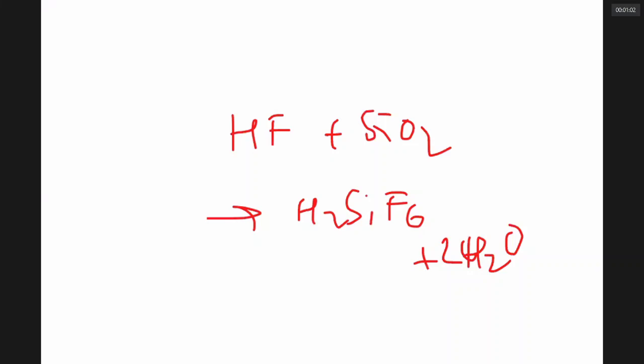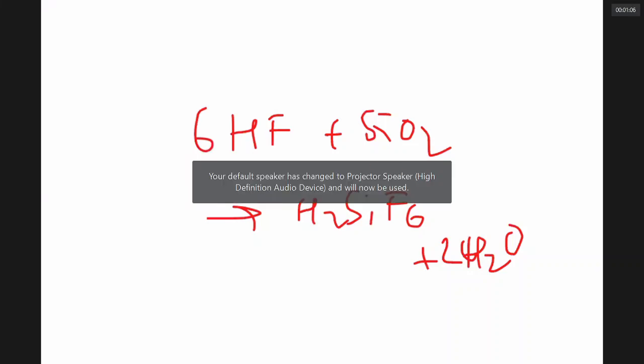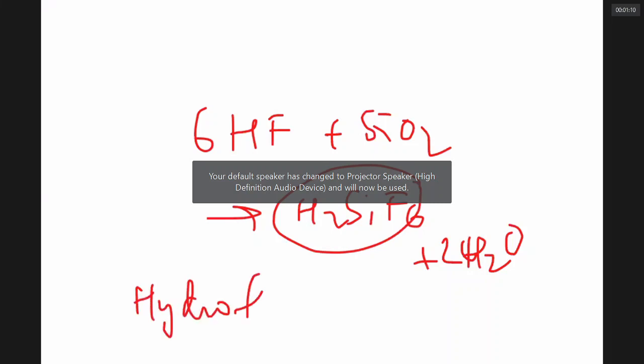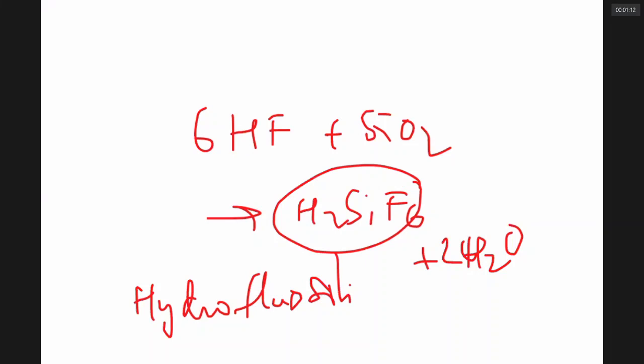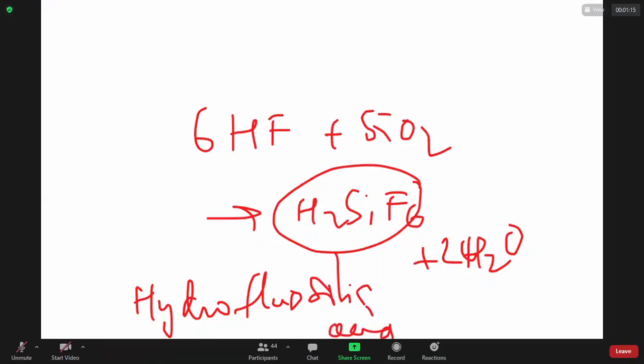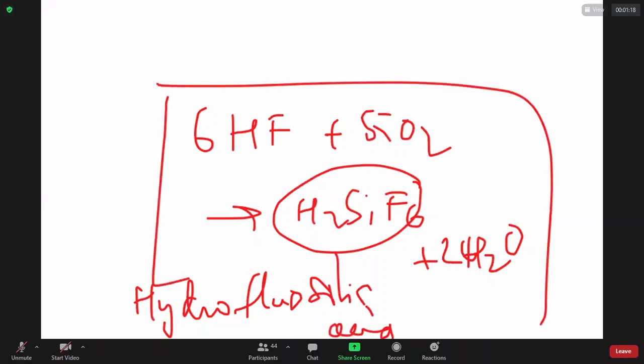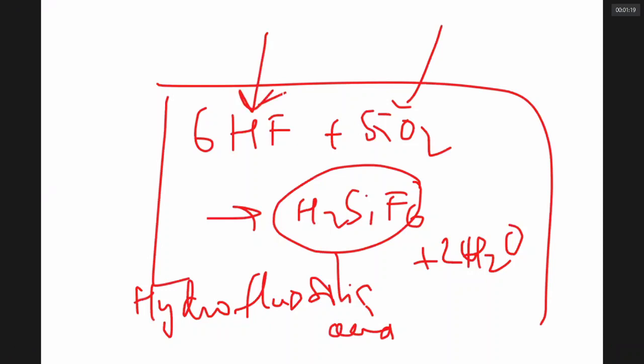How many HF are required, sir? Silicic acid. Because of this reaction only, glass dissolves in HF. But it is a weak acid.